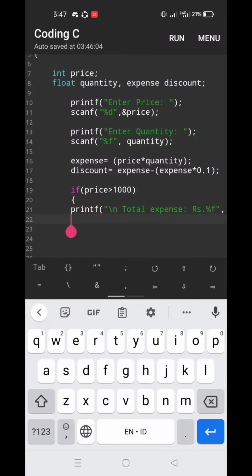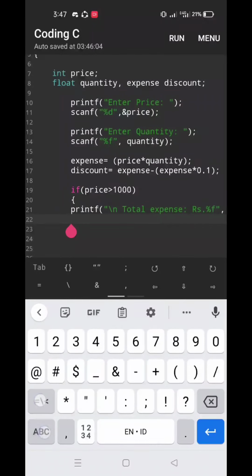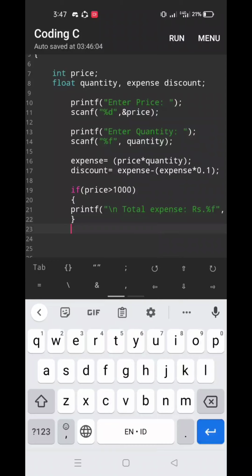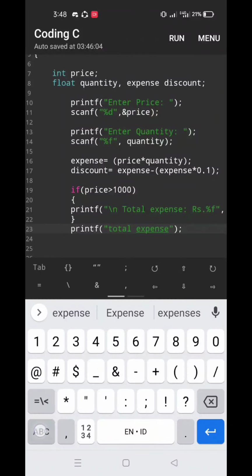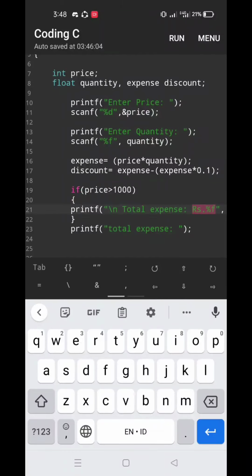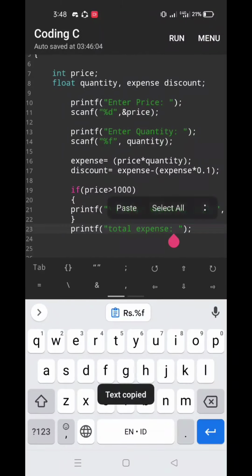Next is another closing curly brackets, and another printf for the final one, which is the else. Total expense, and copy this, paste it here.